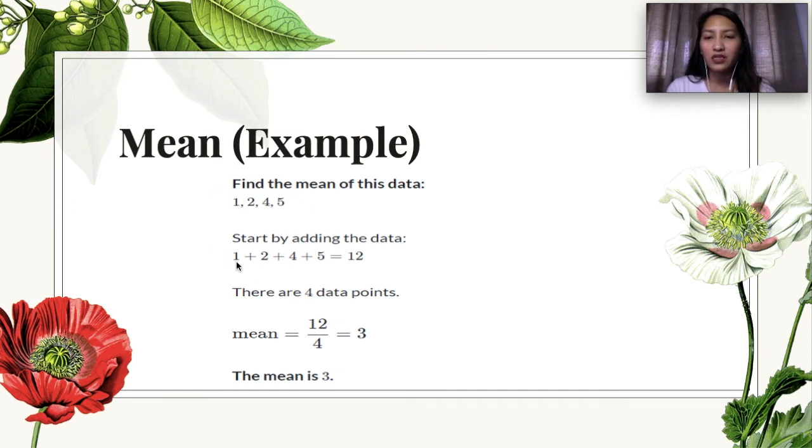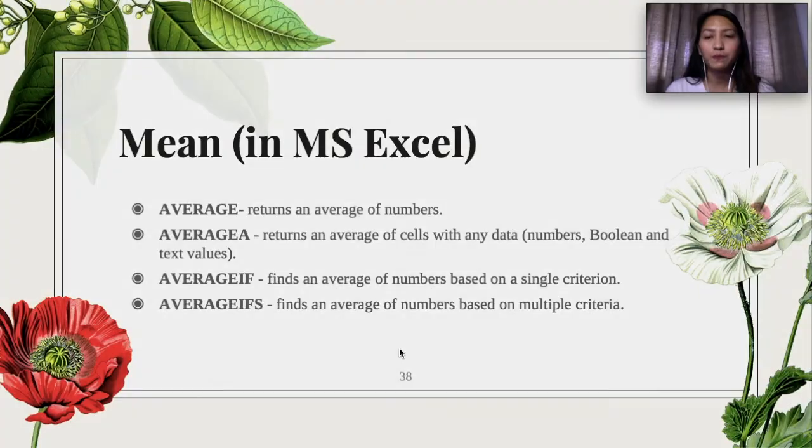So for this instance, 1 plus 2 plus 4 plus 5 is equal to 12. While there are 4 data points, you have to divide 12 by 4 and then you will get 3. That is the mean.